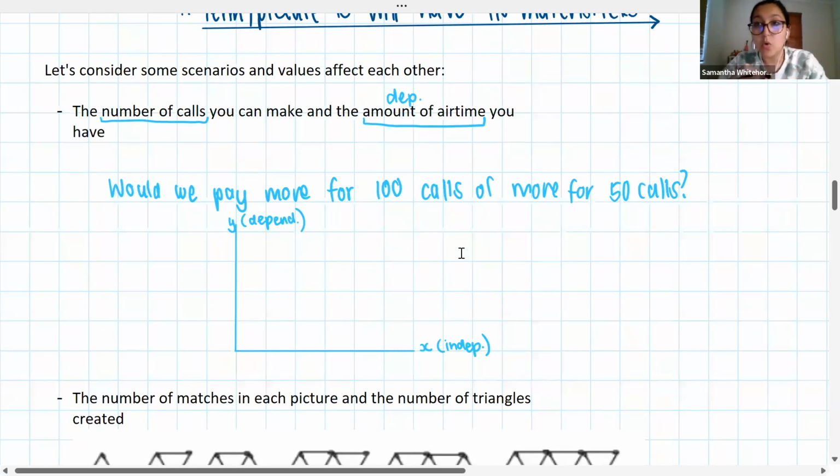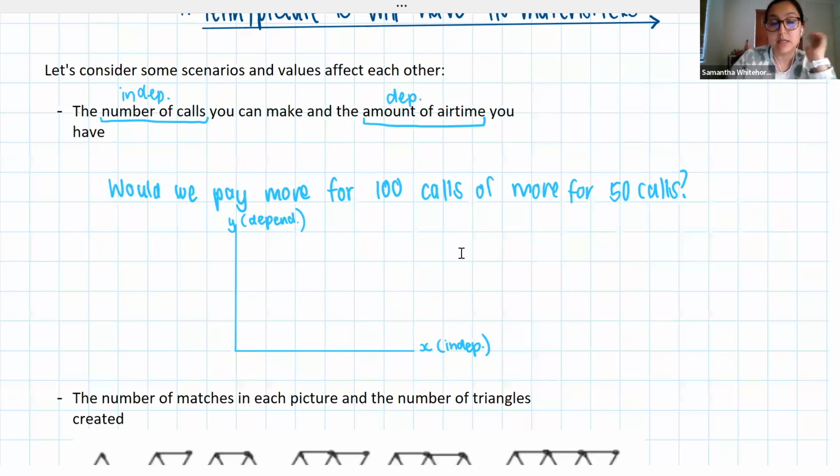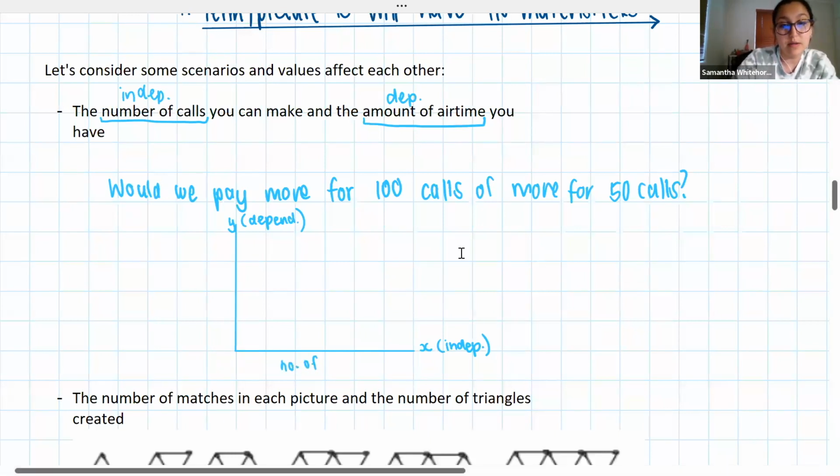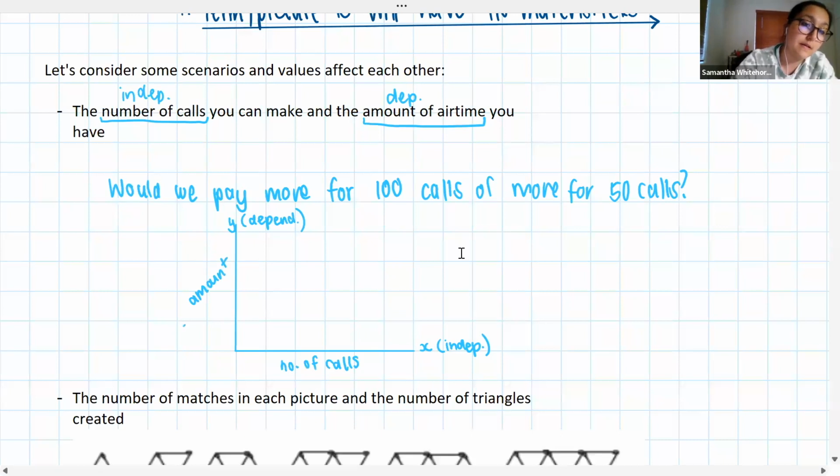If I make no calls, I'm going to have a lot of airtime. If I make a lot of calls, less airtime. And so just through working through the scenario in my head and seeing which one affects the other, I'm able to decide which is dependent and which is independent. So my independent is my number of calls, and my dependent is the amount of airtime I have.